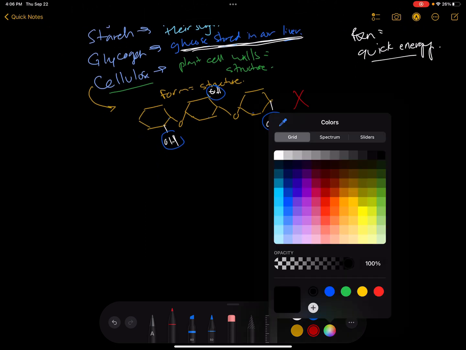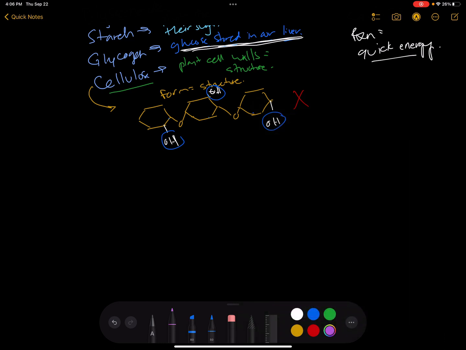But if you look at starch, let's make starch this pretty color. Starch, again, looks pretty much the same. We have these glucose rings, and then they're attached right there. There you go, looks like that. And then it looks like this, except now his hydroxyl groups, they're all on the same side.